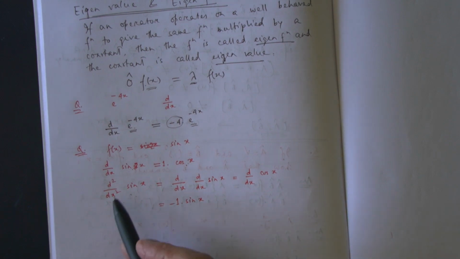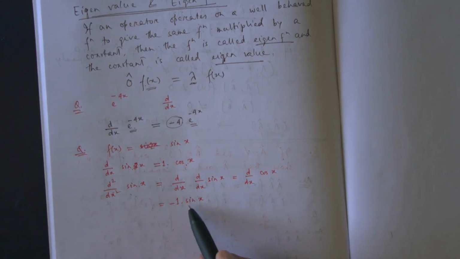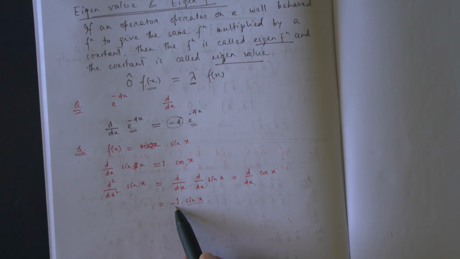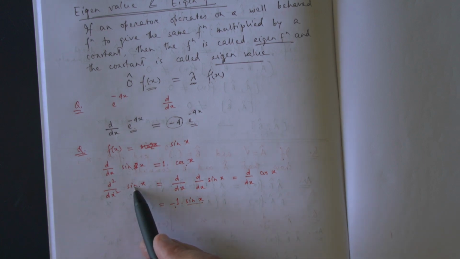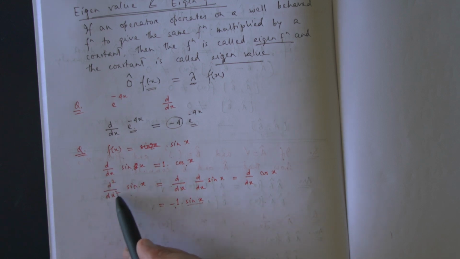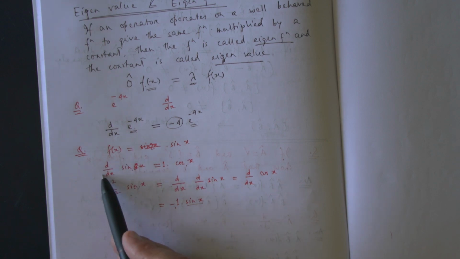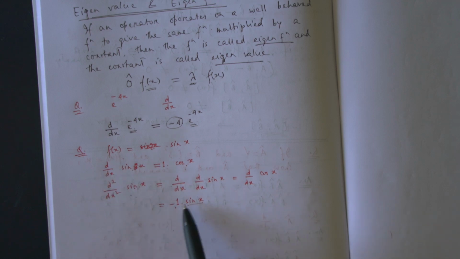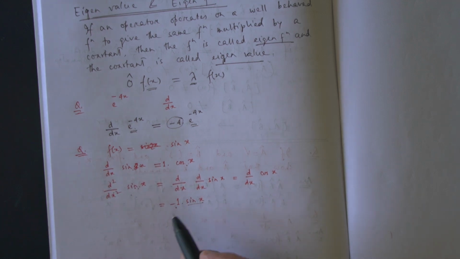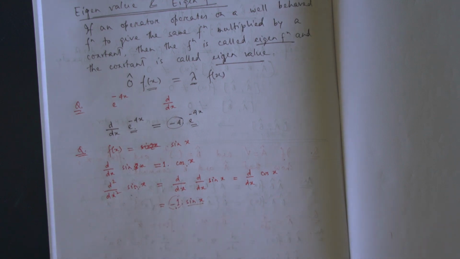Now what do we get? Operator, function, same function, constant. So sin x is an eigenfunction with respect to this operator, but sin x is not an eigenfunction with respect to the previous operator. So what is the eigenvalue then? Eigenvalue is minus 1.